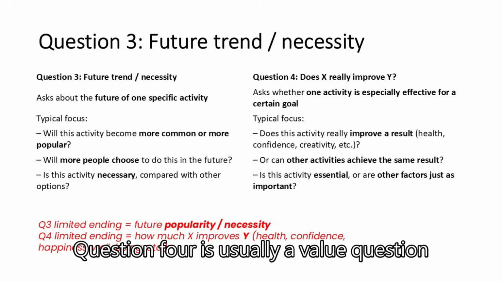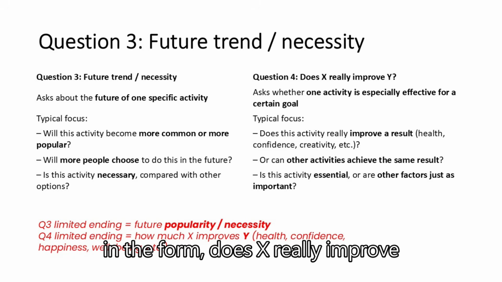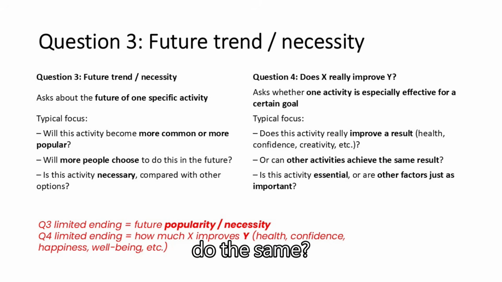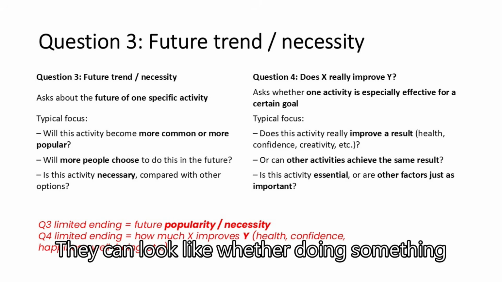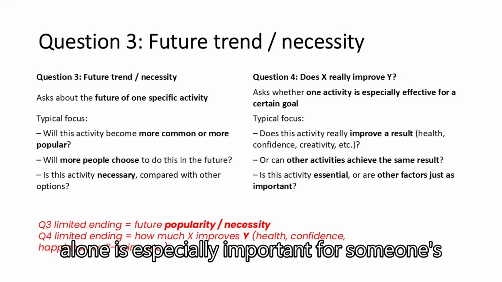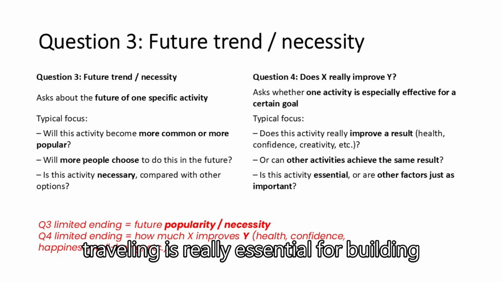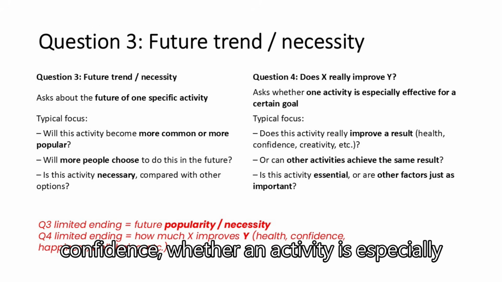Question 4 is usually a value question in the form, does X really improve Y, or can other activities or factors do the same? They can look like whether doing something alone is especially important for someone's mental or physical well-being. Whether, say, traveling is really essential for building confidence.